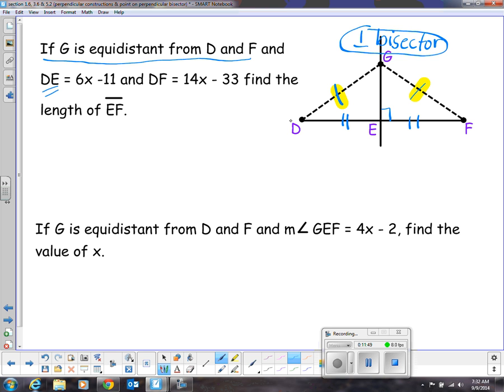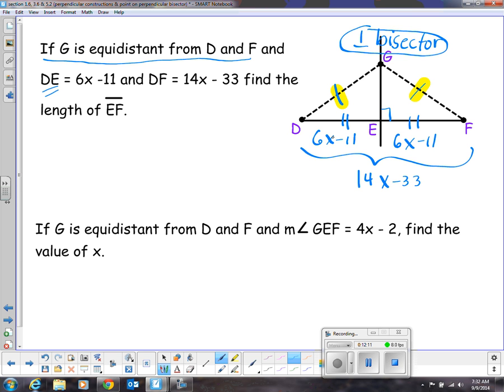And so if DE is 6x minus 11 and DF is 14x minus 33, what do we know about EF, Becky? Excellent. It's 6x minus 11.